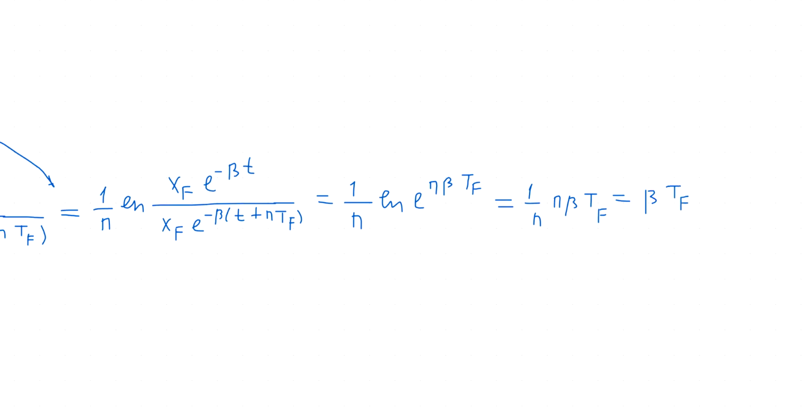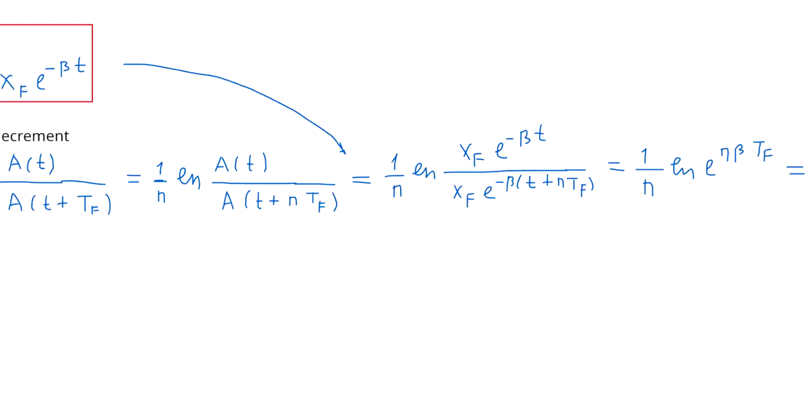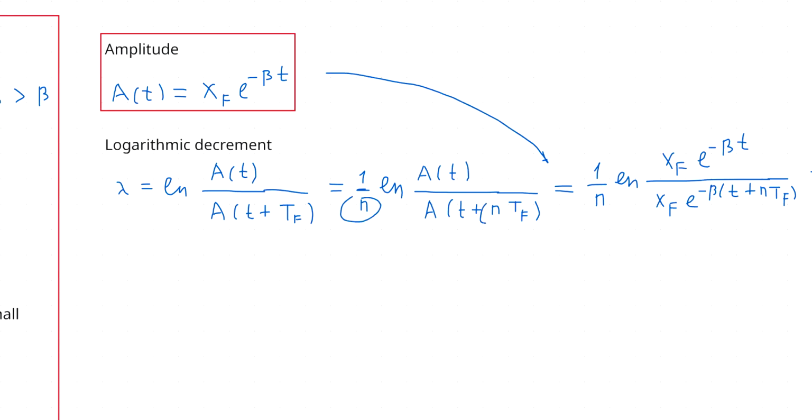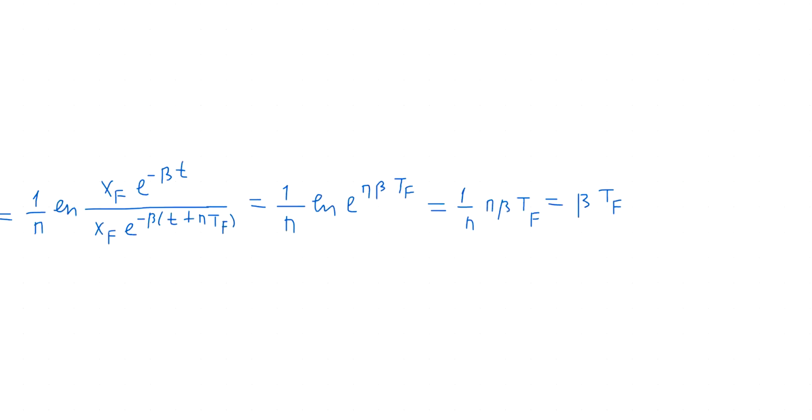So as you can see, the logarithmic decrement doesn't depend on this value n, in the case when n is not equal to 0, because it will be beta T_f in any case.